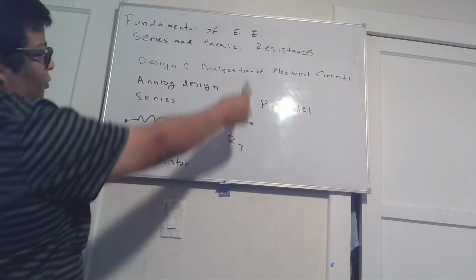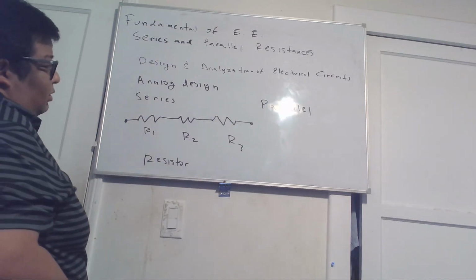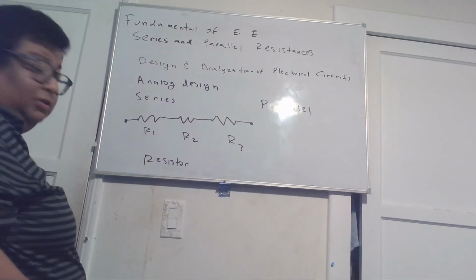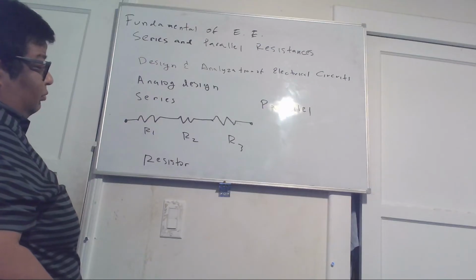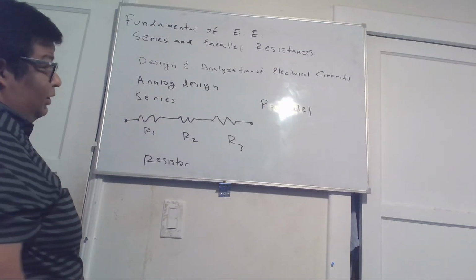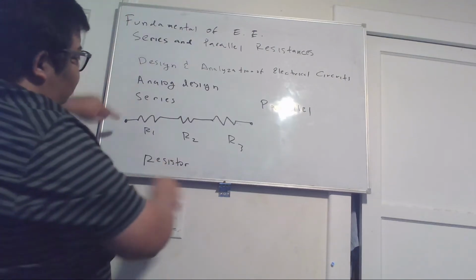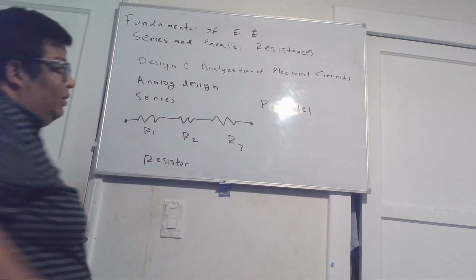Later you're gonna learn that resistances can be analyzed for other kinds of devices and different types of circuits. So parallel is, so here we're going from end to end. So what do you think parallel would be?